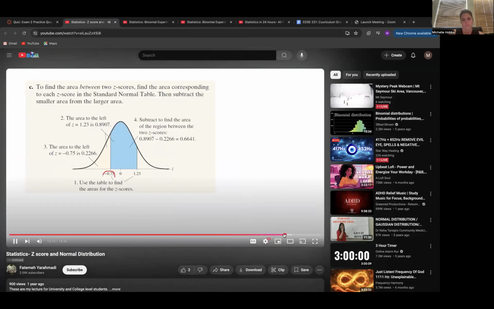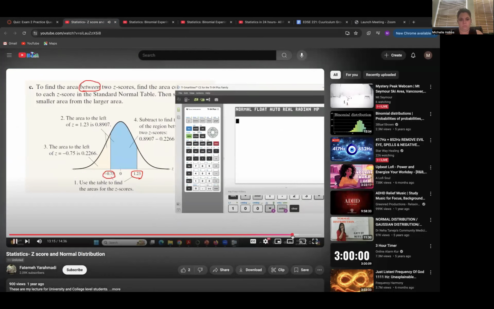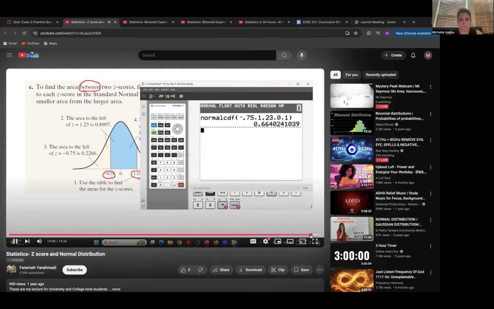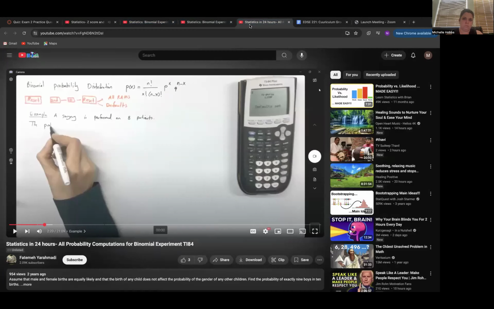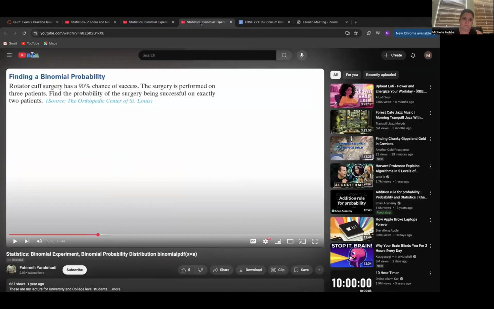So here, the Z-score on the left is 1.23 in your calculator. And since you're dealing with Z, the bounds are set.